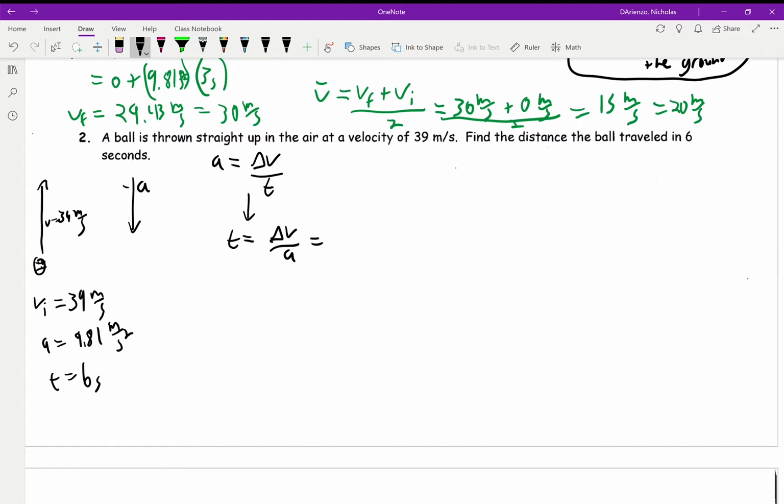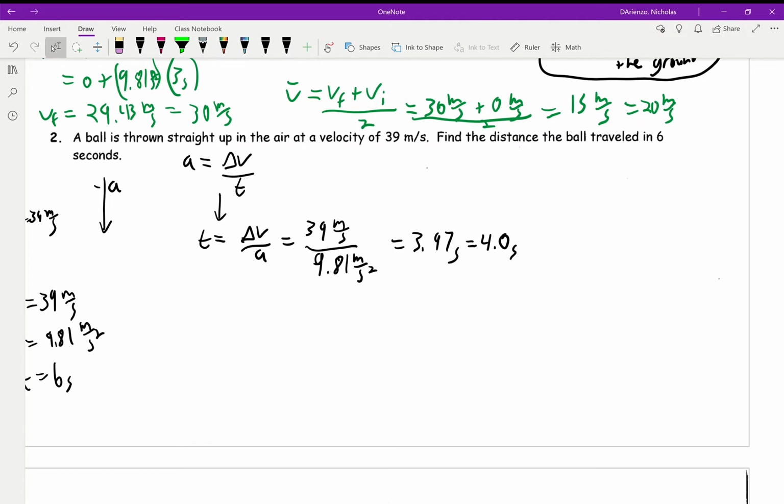The change in velocity is final minus initial, 0 minus 39 meters per second, over the acceleration, we'll take the absolute value of that, 9.81 meters per second squared. This comes out to 3.97 seconds, which is also equal to, let's call it, 4.0 seconds.